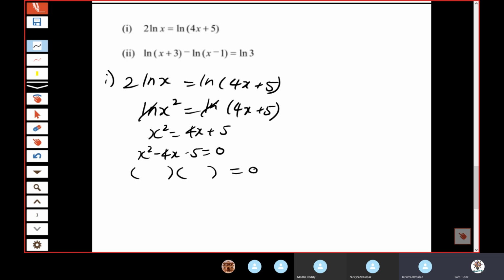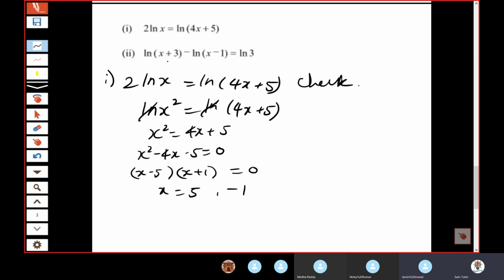Do you know where your factors are? -5 and +1. Yep. So x equals 5 or -1. And then what must you do right after that? Check.